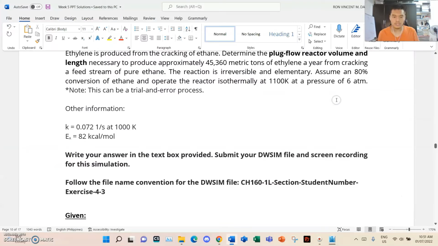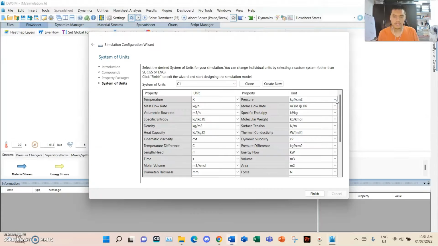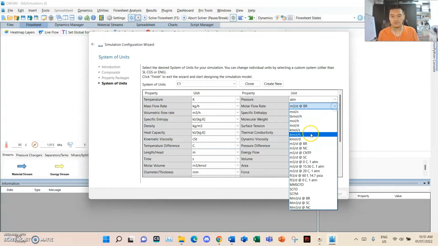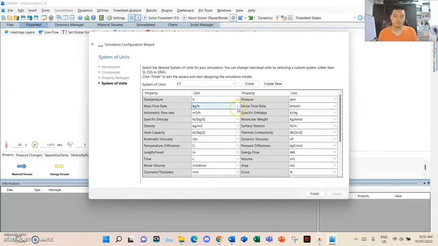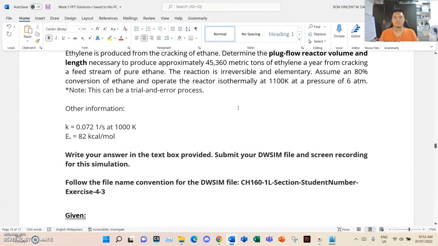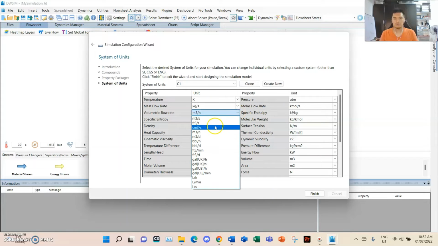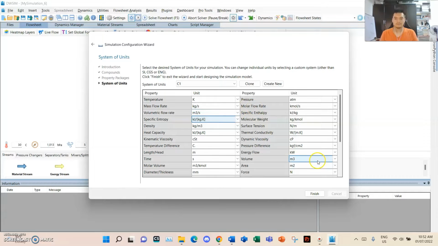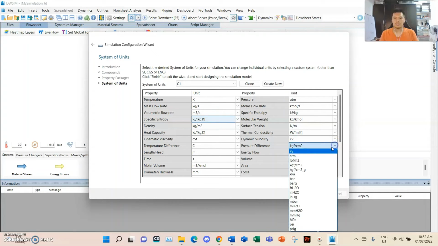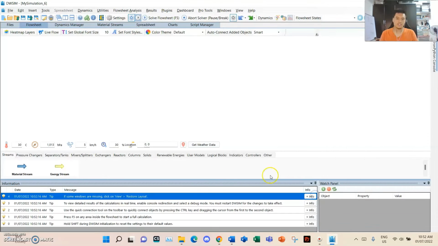Pressure, we'll put atmospheres. Molar flow rate, we'll put kilomoles per second, since that was what we calculated earlier. For mass flow rate, we would put tons per year. We will put here kilogram per second. And volumetric flow rate, we'll also put cubic meters per second. And then that's it. Pressure difference, we'll put also as atm, and we're finished.